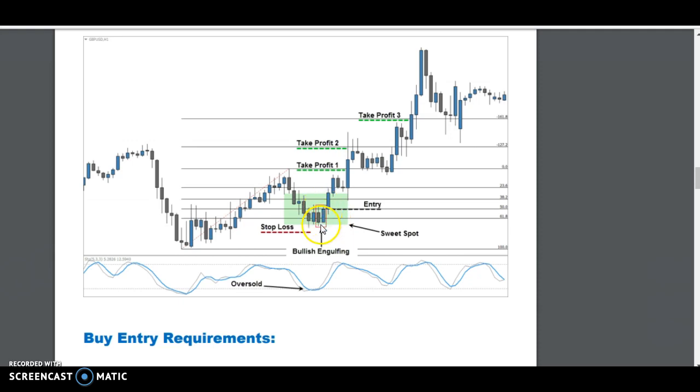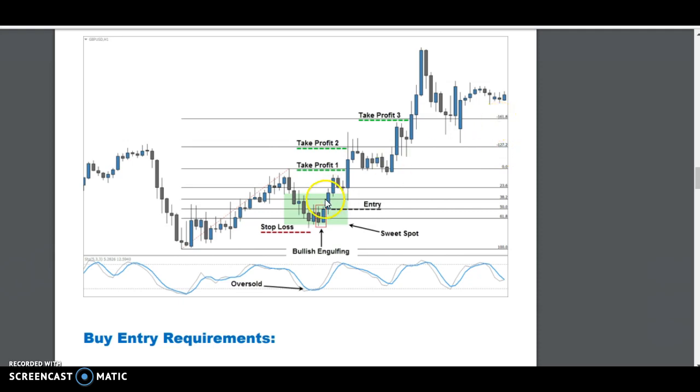And then we set our stop loss 3 to 5 pips below our entry point. We exit our first trade when the price hits the previous resistance level, which is 0.0 on the Fibonacci expansion tool. For our second take profit, we allow the second trade to run to 127.2 Fibonacci expansion, and our third trade to 161.8.